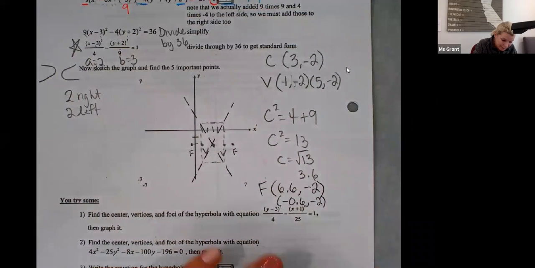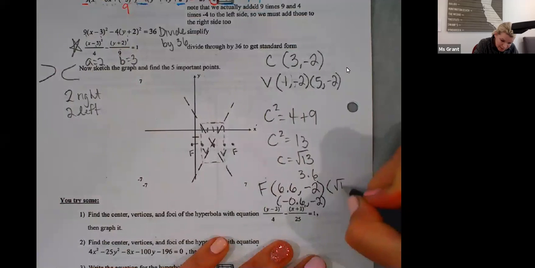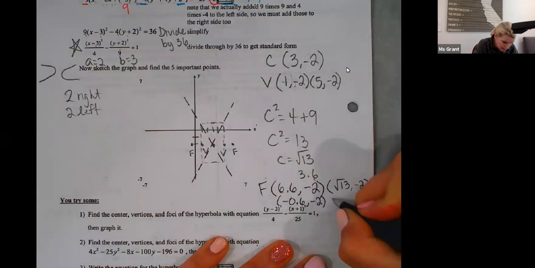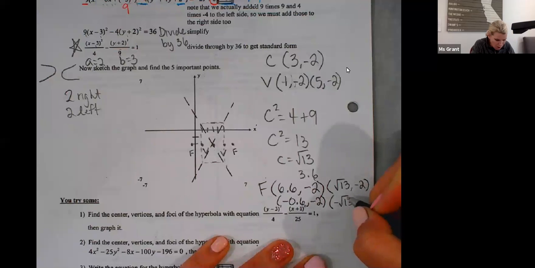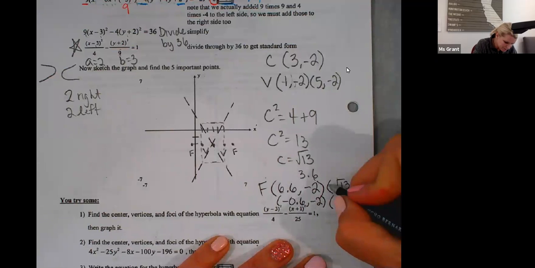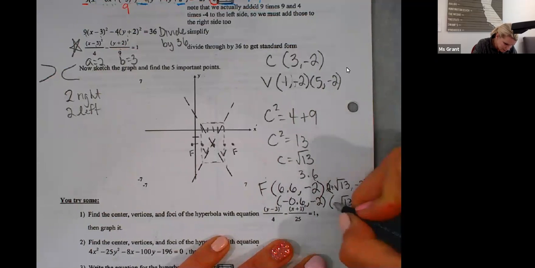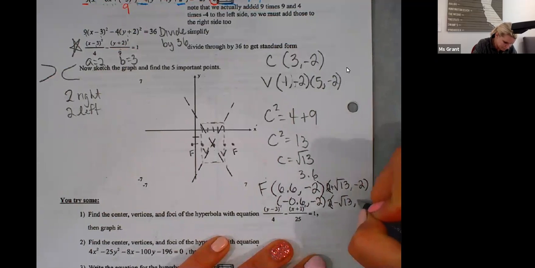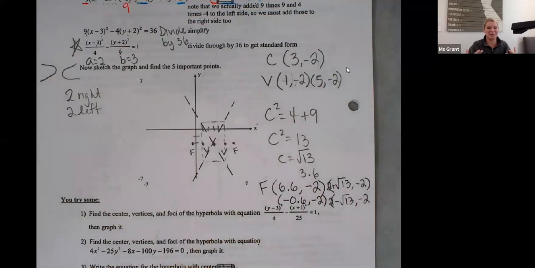You can also put like rad 13 comma -2 or negative rad 13. Oh no, that wouldn't work. You know what it would be? 2 plus rad 13, 2 minus rad 13. But I kind of like 6.6 better because I can.